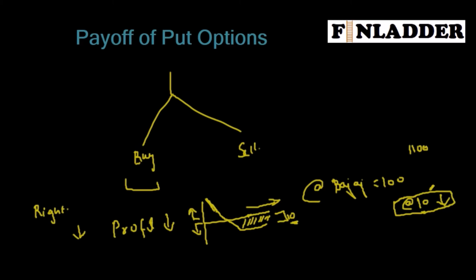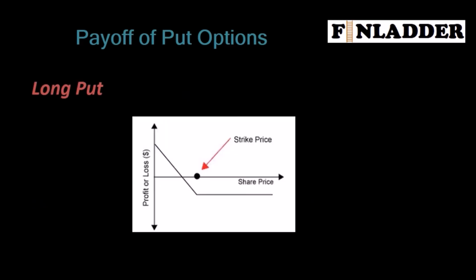Now let's try to understand this with a better graph. This is our graphical representation of a long put. Here we have 100. The premium that we paid, which is the maximum loss we can have, is this amount of 10 rupees.